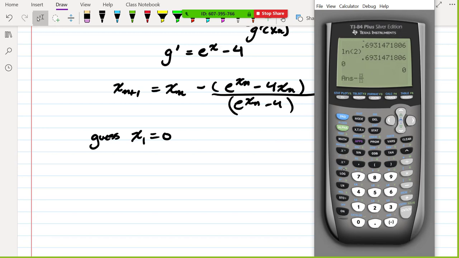And then we're going to have e to the answer minus 4 times answer, all divided by e to the answer minus, oops, not in the exponent, minus 4, close my parentheses, and I hit enter, and it turns out I get 1/3.